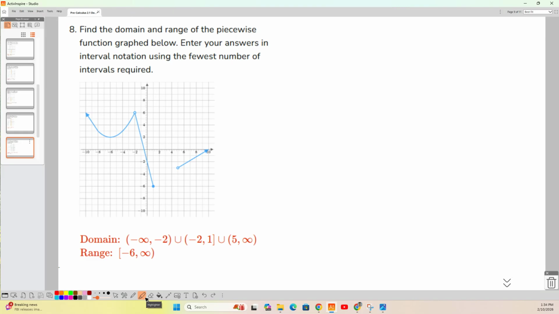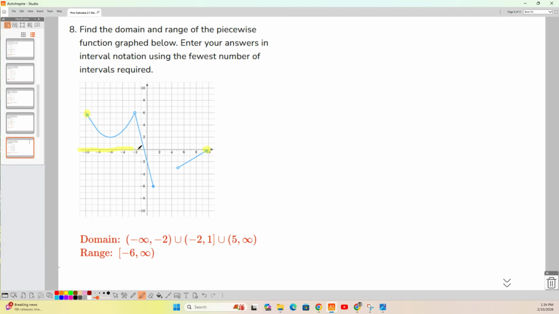Now for this one, let's talk about the domain. I have this arrow that indicates the graph is going to continue forever to the left. This arrow indicates the graph is going to continue forever to the right. So I'm going to come from negative infinity on the x-axis, and then I stop at negative 2 because of this open circle at negative 2. So I don't include negative 2. So right now I have negative infinity to negative 2, not including negative 2, so I use a parenthesis.